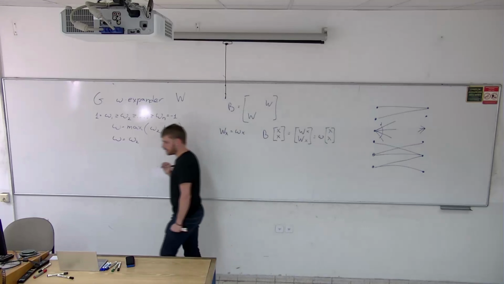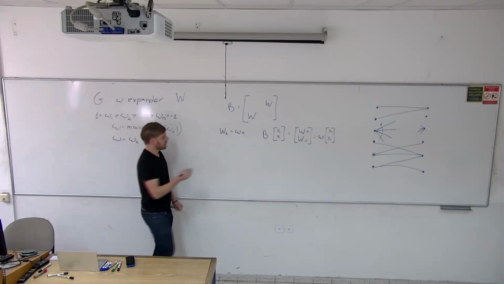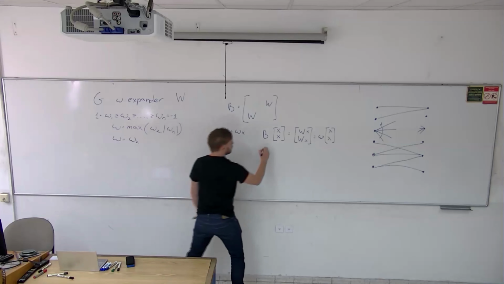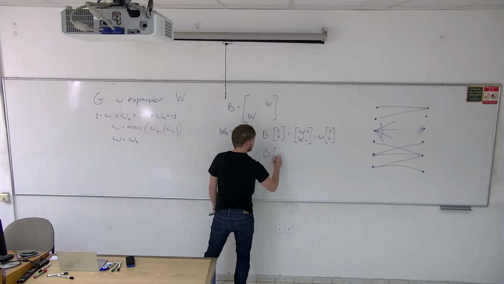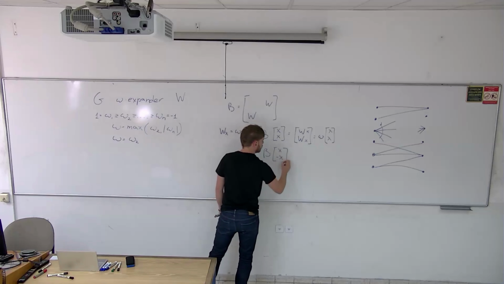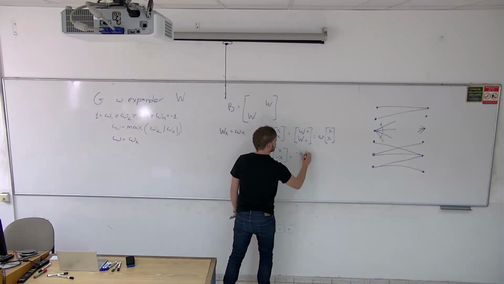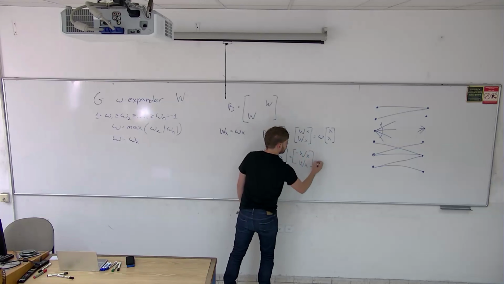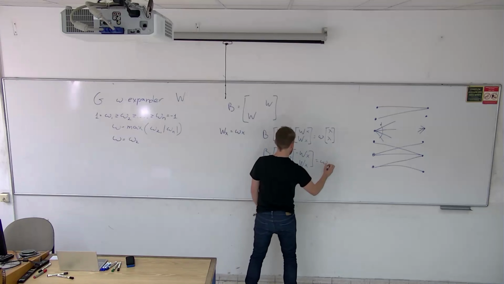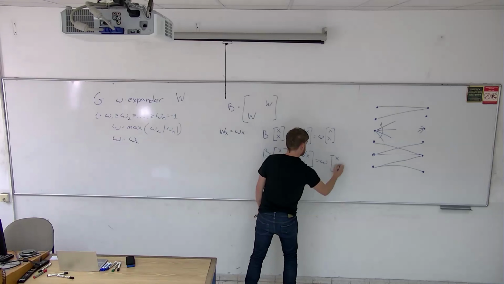Okay, and B times (x, minus x) equals minus omega times (x, minus x).